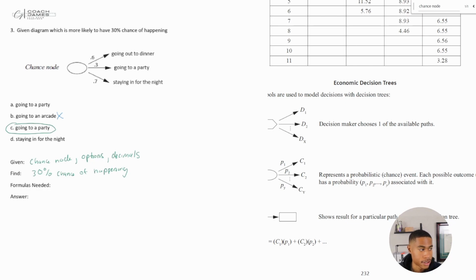We're trying to find the option that would be 30%. But this diagram just looks confusing until you compare it to what's in the handbook. You can see what is C1, what is C2, and match what they give you to the handbook, and you can get closer to your answer. So hopefully this was helpful.